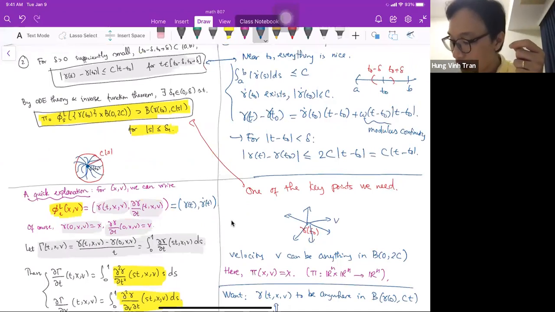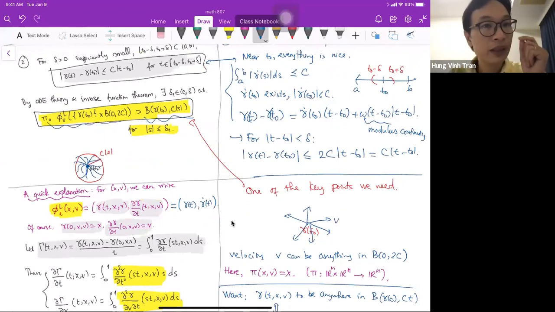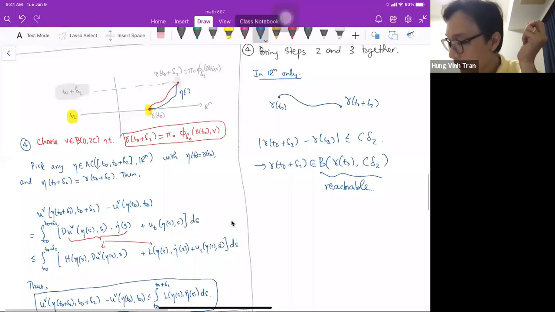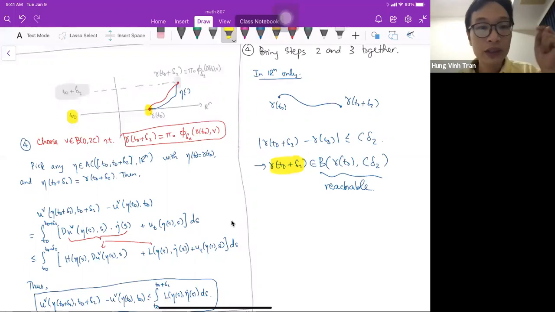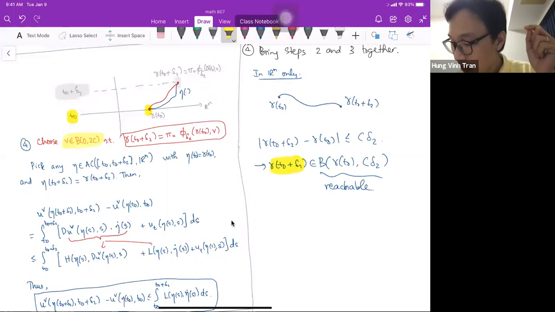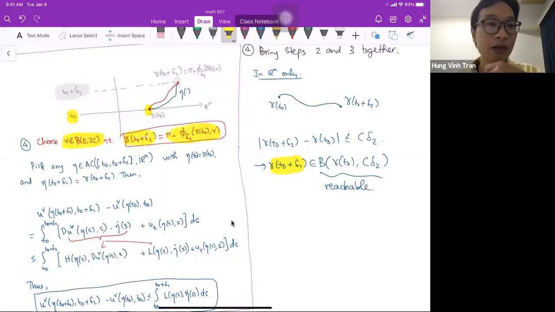In step 2 we are saying that if we run our Lagrangian flow, we can reach any point within the ball of radius c times the length of s, right? And you see that this point gamma t naught plus delta 2 is reachable. Reachable here means that I can choose a vector v so that I can reach this point through my Lagrangian flow.